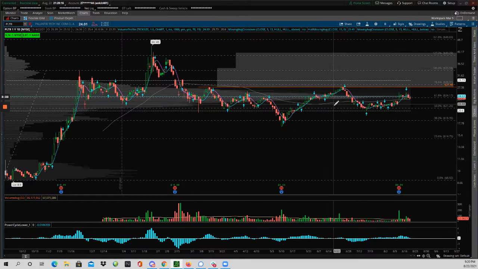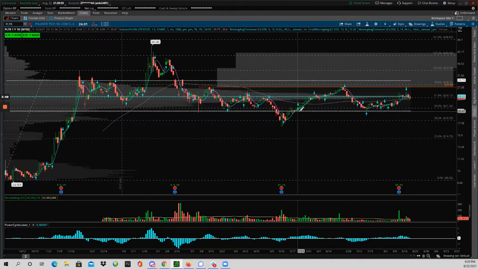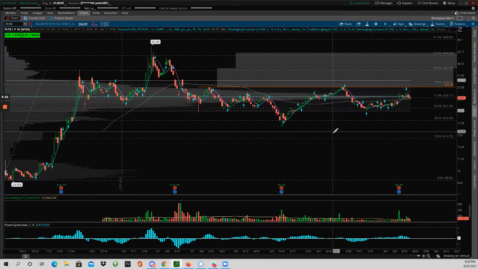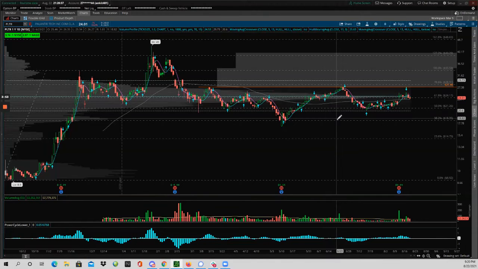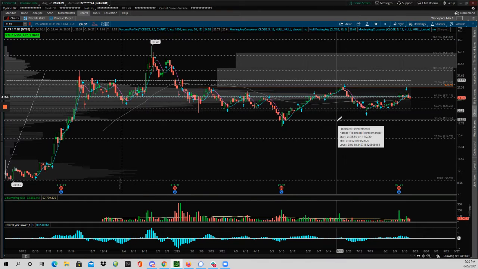The price has been getting a lot of support from the 55 moving average. Just for context, the line that you see here is the 13 Hull moving average, and the gray line is the 55 moving average.